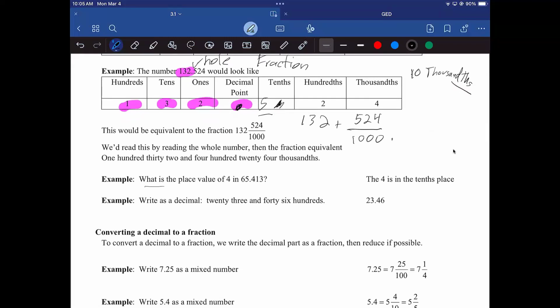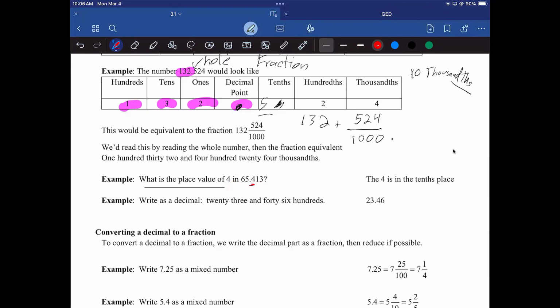Now this is asking, what is the place value of 4 in this number? So the first thing I'm going to do is look for that decimal. That's my yardstick. Remember, everything to the left of the decimal is in whole numbers. Everything to the right is cut into pieces. So I'm going to say to myself, hey, look, self, the 4 is right next to the decimal.